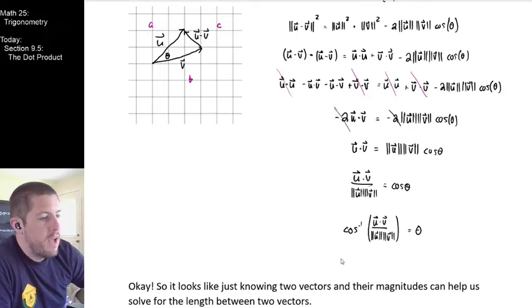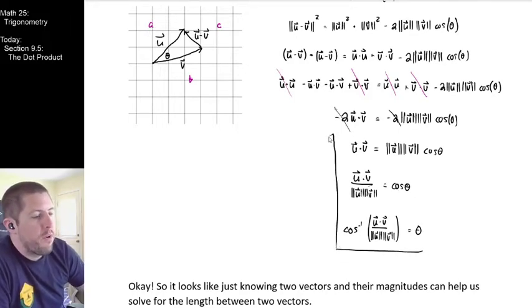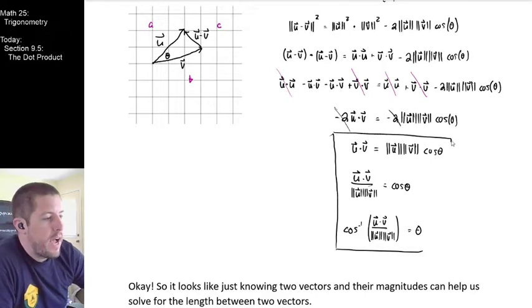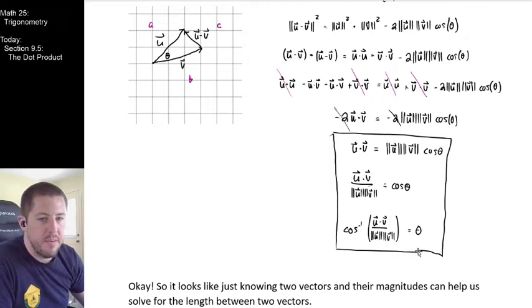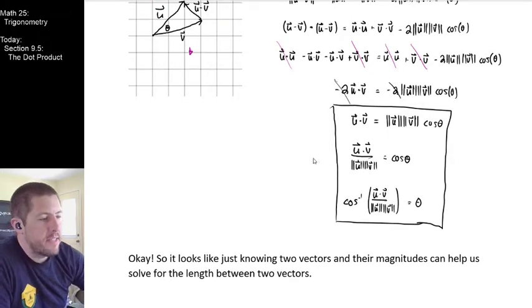So all 3 of these are different ways. I would refer to any of these as our appropriate formula for the angle between 2 vectors. I've seen books with all 3 of these being the final concluding statement. But in any event, I would say that this one is honestly the way that I've seen it the most. But all 3 of these are effectively equivalent to one another.